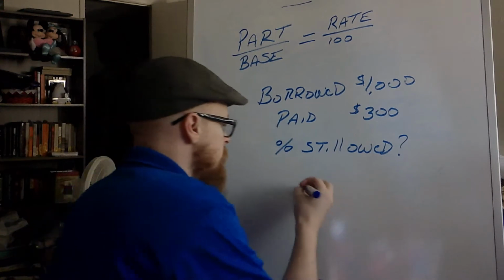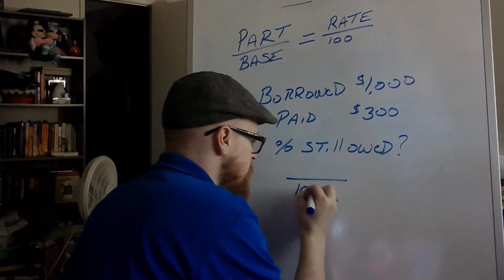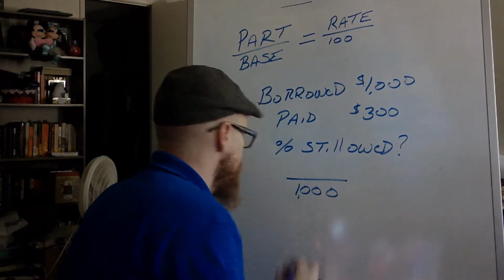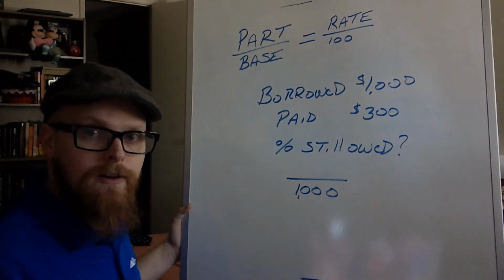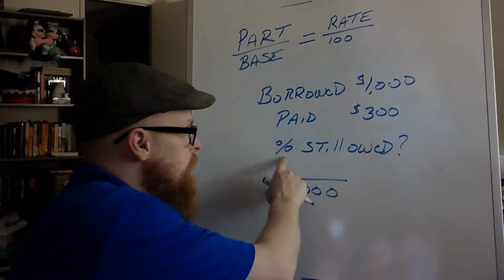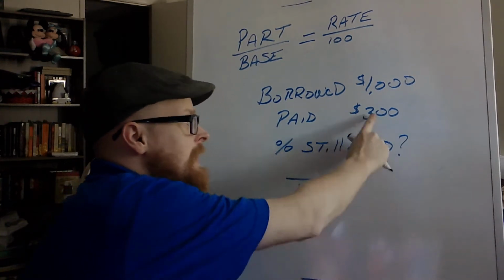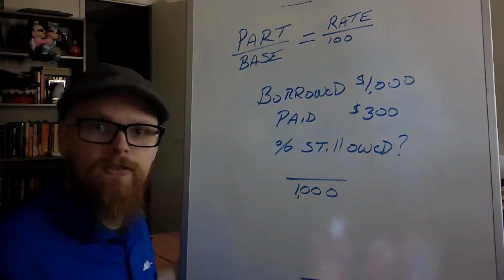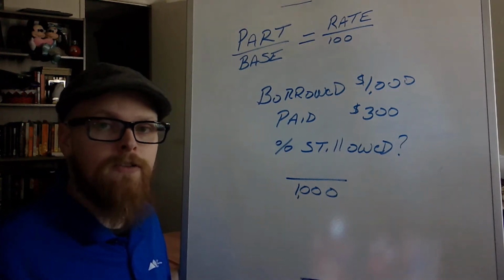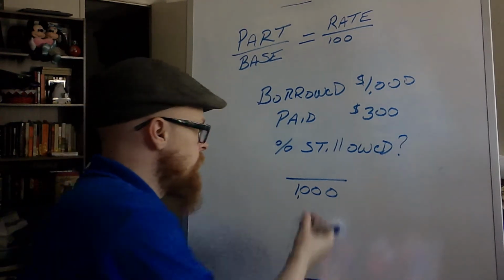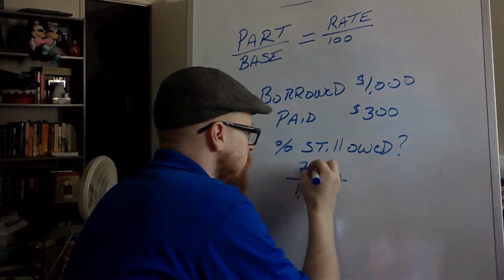He borrowed $1,000. What is the part? Notice we're looking for the part or the percentage still owed. He paid 300. How much is he still owing? Subtract: 1,000 minus the 300 that he's already paid. He still owes $700.